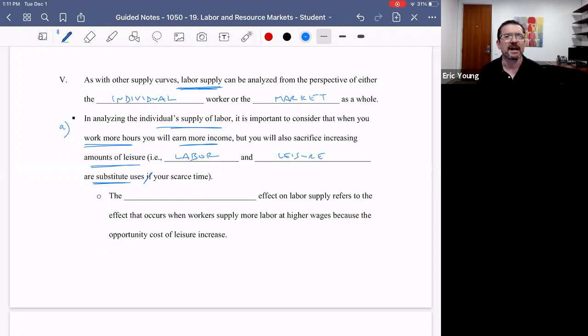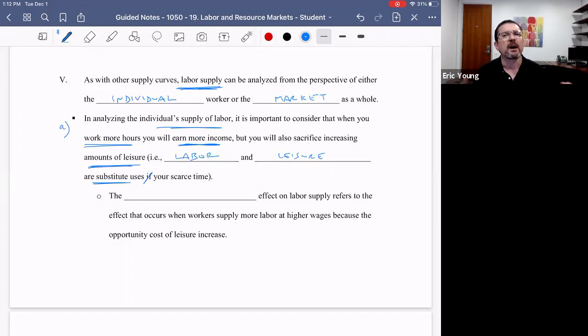So we ground the idea of the individual labor supply around the first big concept of trade-off, which we already discussed in many contexts. In the context of labor, you as a prospective worker can choose to do one of two things with your time, labor or leisure. We know that if you work more hours, you're going to earn more income, but if you work more hours, you're going to have less leisure.